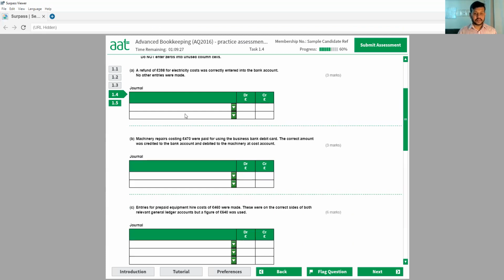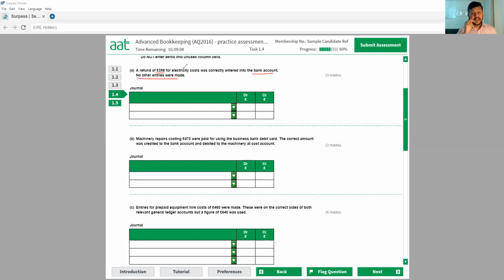Let's look at the first one. It says a refund of 398 for electricity cost was incorrectly entered into the bank account. So the bank account is absolutely fine. We received the money, so we make the bank debit. So there is no problem for that. No other entry were made.